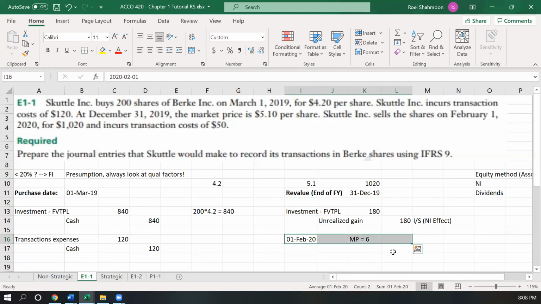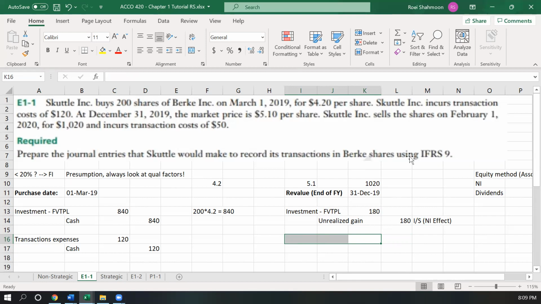So this is just here to trick you. We don't care about anything after the year end. Keep that in mind, guys, because I have seen that even in my CPA class, ACCO420, this came up and they tricked a lot of people. So just be careful.